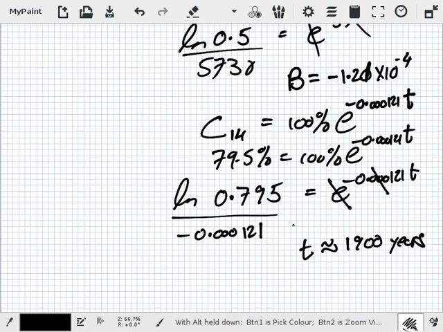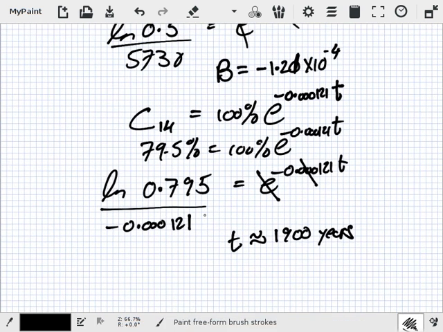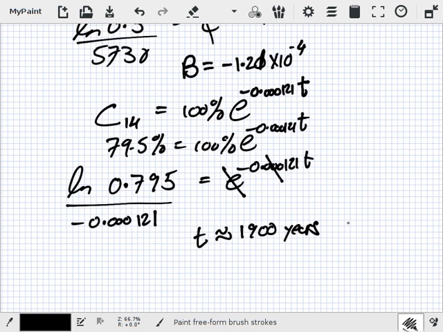The reason I put this one in here is because one problem with carbon-14 dating is there's a little bit of an error. So it's not going to be exactly 1900 years. I think these things have an error of plus or minus 100 years.